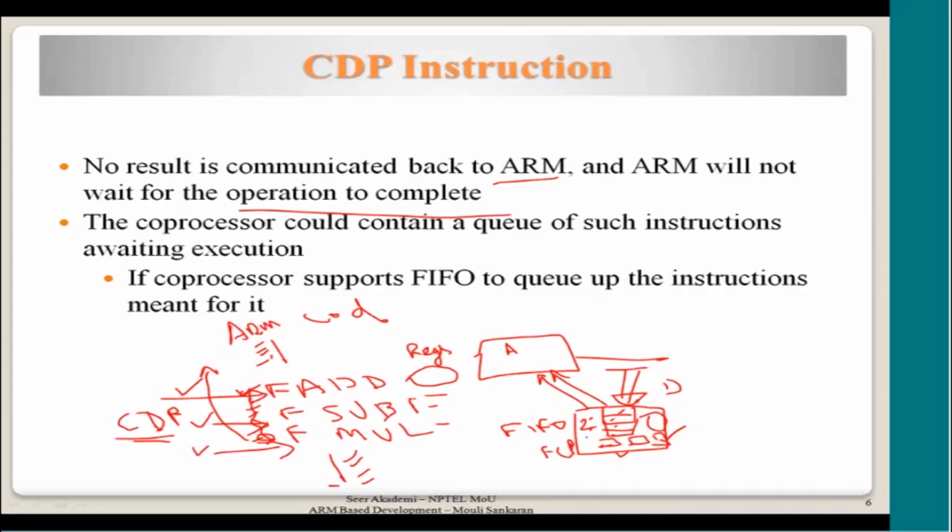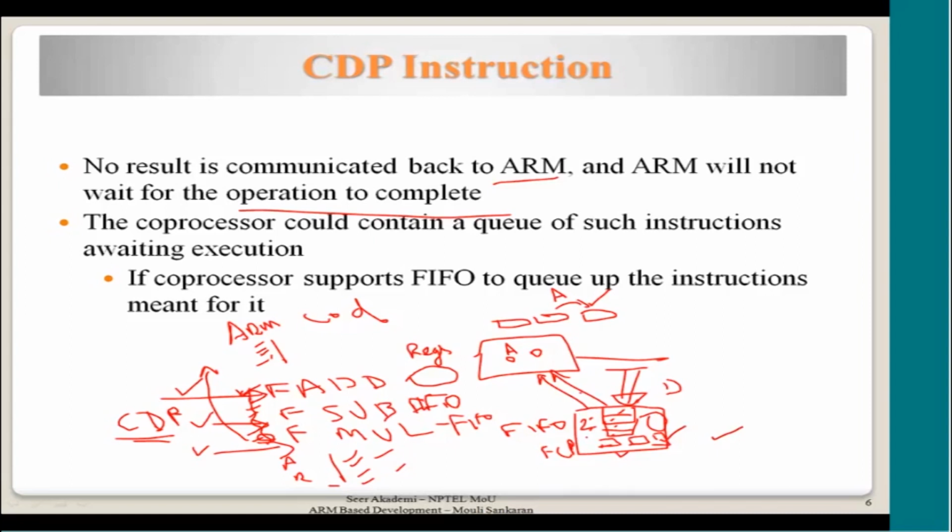So this will go into the FIFO, and then this will also go into the FIFO. Once these instructions are accepted by the coprocessor, the execute stage of the ARM becomes free. Then ARM can take some other ARM instructions. Suppose they are followed by ARM instructions. They are all specific to the internals of ARM, and now it can carry on with that.